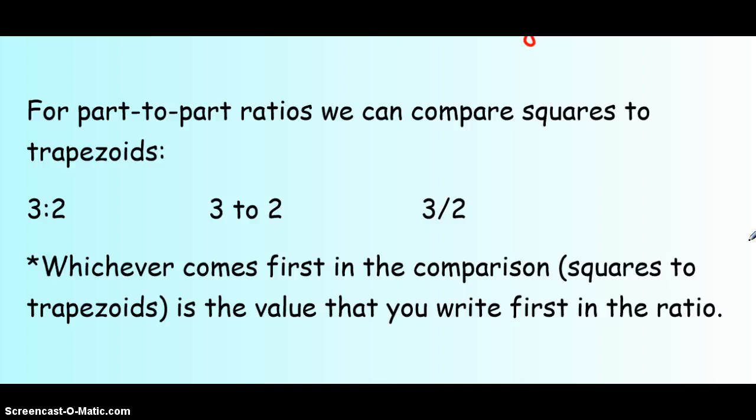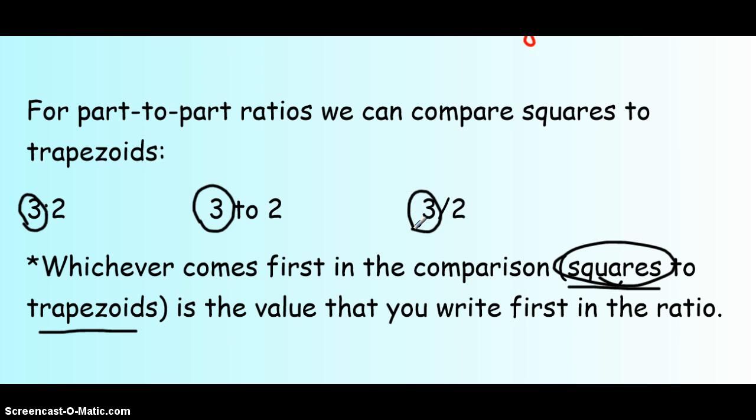Now, when we're writing down our ratios, it's important that whatever comes first in the comparison comes first in the ratio. We were comparing squares to trapezoids, so squares came first, so the number that represents the number of squares has to come first. The second thing in our comparison, trapezoids, has to come second in our ratio.